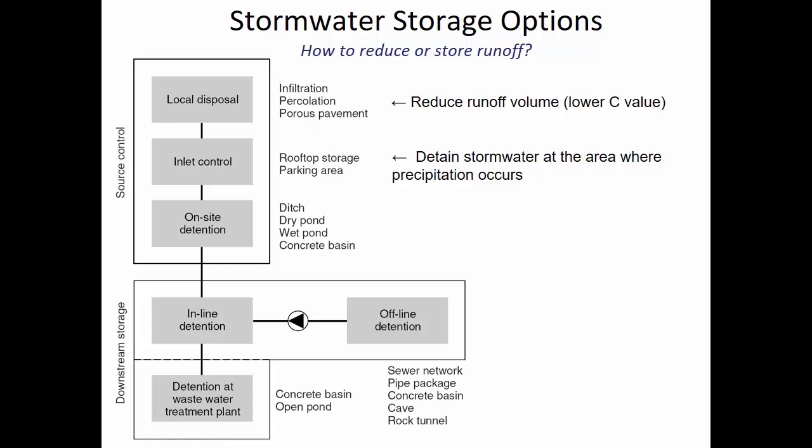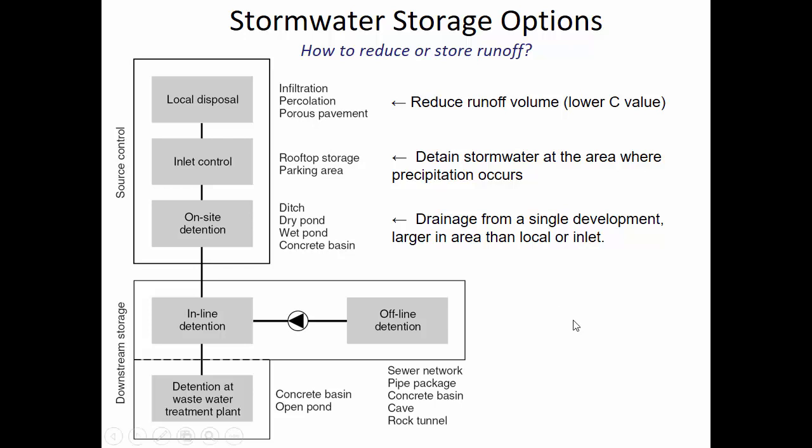The first place that it runs off and pools to, you're storing it there rather than allowing it to travel downstream before you would store it. And then on-site detention is maybe the water has traveled some distance, but rather than allowing it to aggregate further, you're either storing it as it travels, maybe in a very wide pipe or a flow storage vault, in the routing as the water is going downstream.